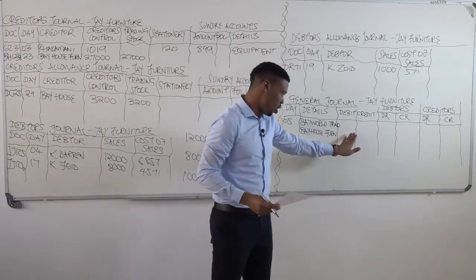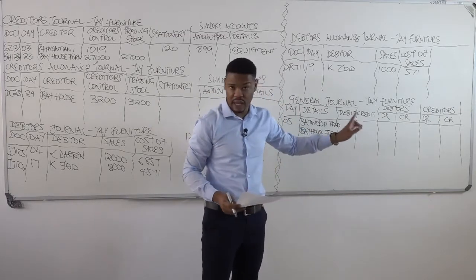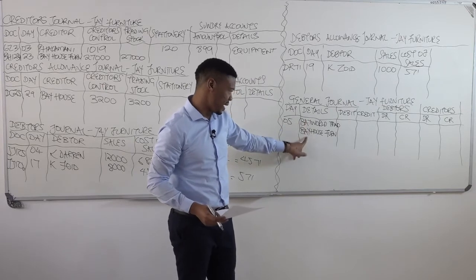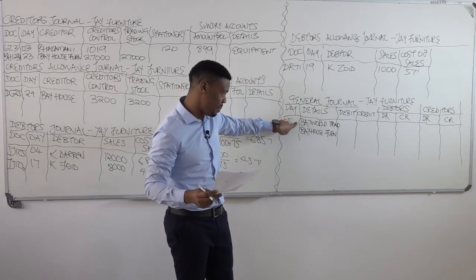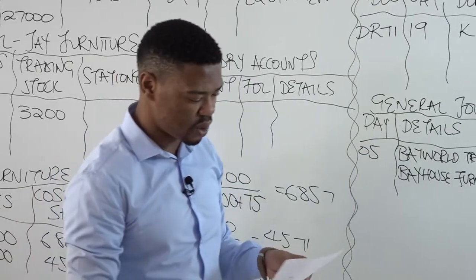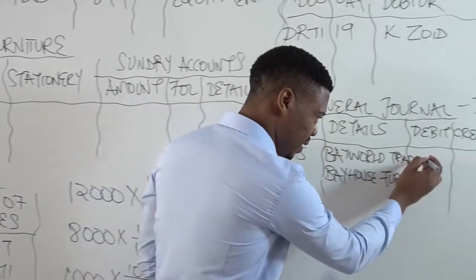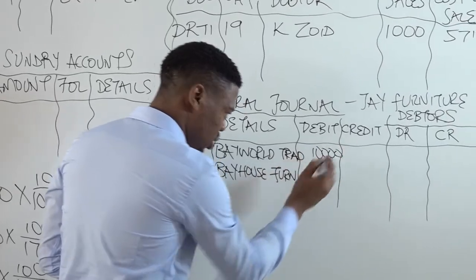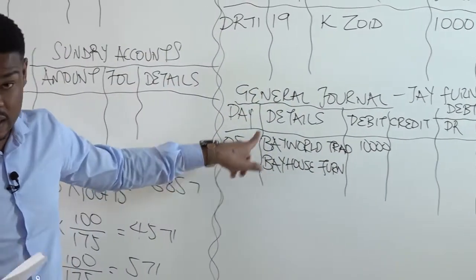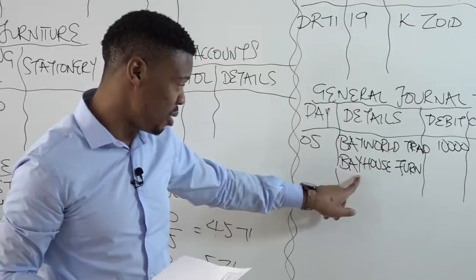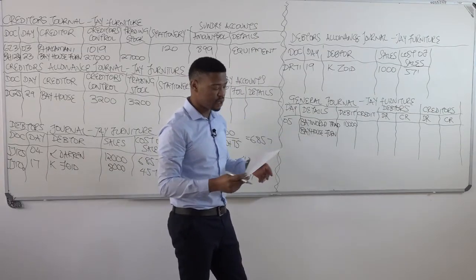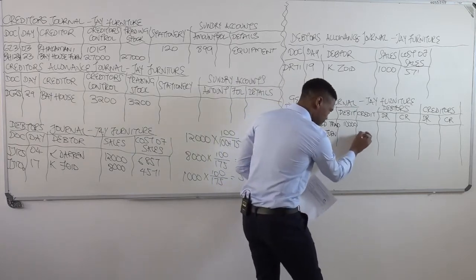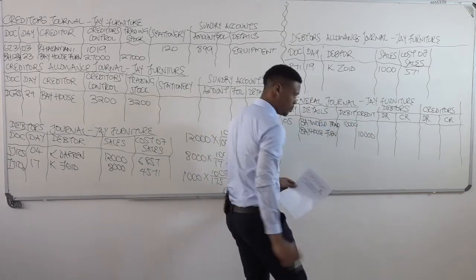Now, in the first two columns, you are going to indicate amounts according to how you debited and credited. The first one is the account you are going to debit. For that, you are going to enter the amount of 10,000 Rand given under debit, because this is the account that you have debited. Bay House Furniture, it was an account credited, so you are going to enter the amount under the credit column.